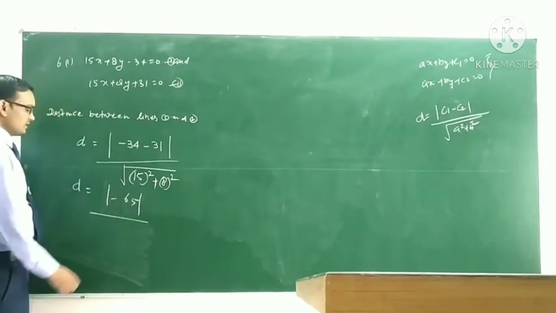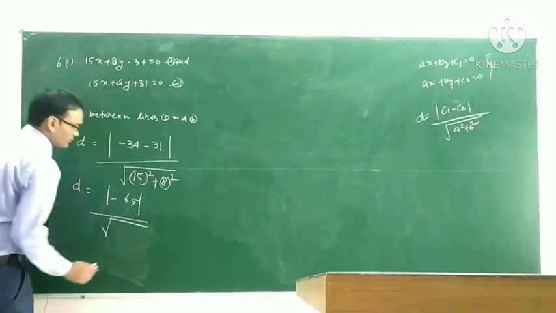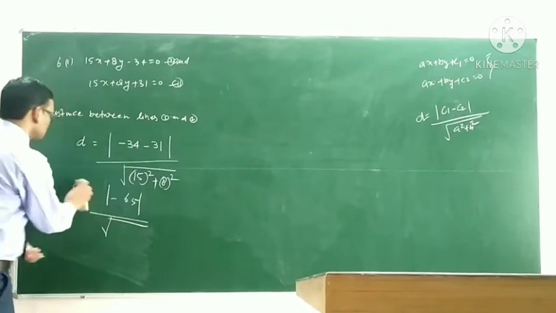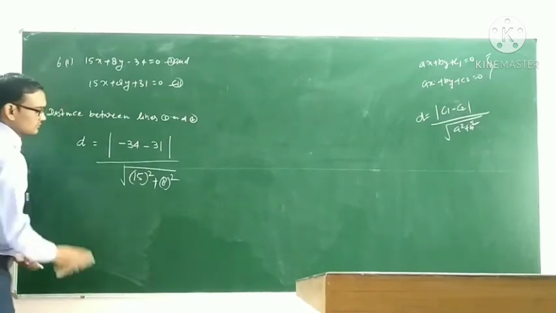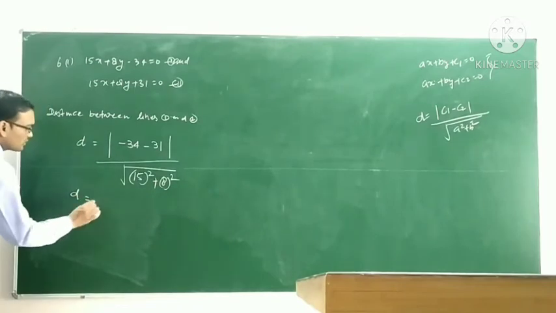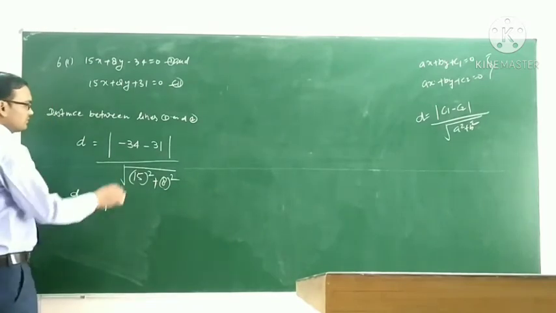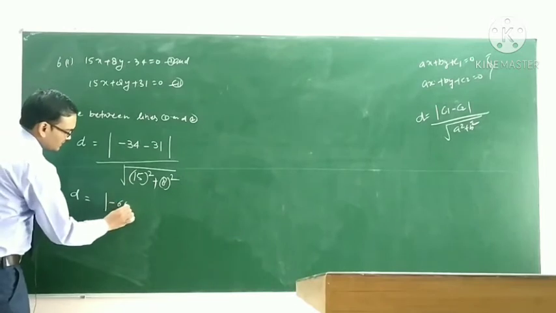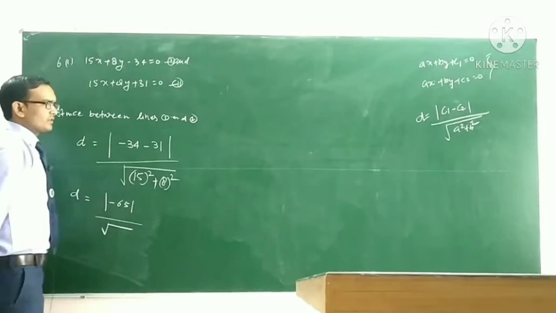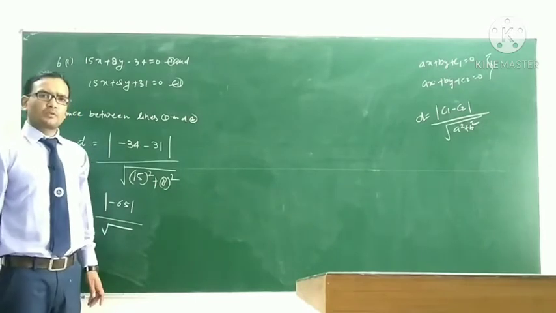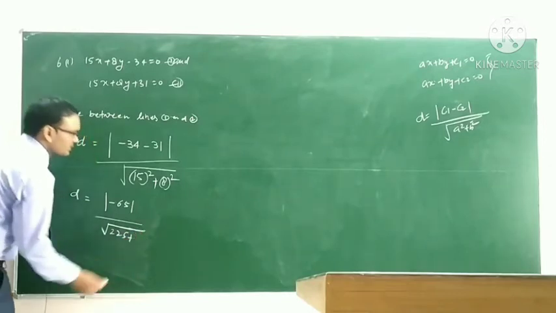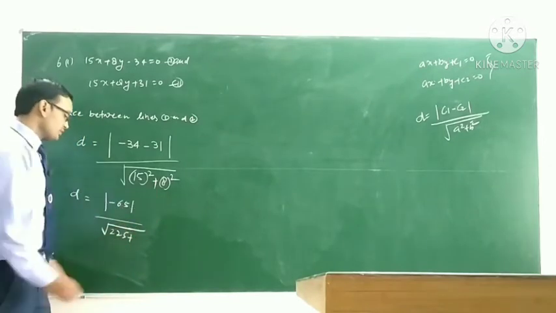Okay students, this implies d is equal to mod of minus 65 upon square root of 15 square, 225, plus square of 8 equal to 64.